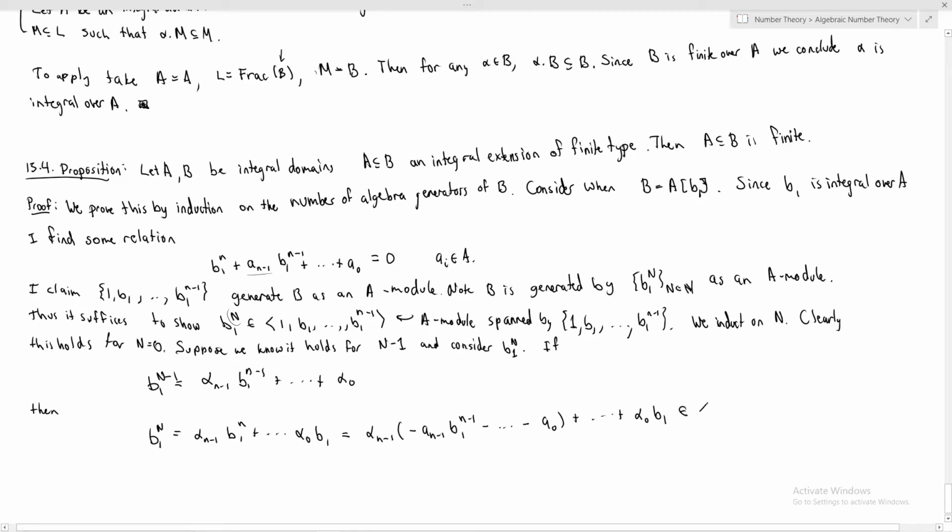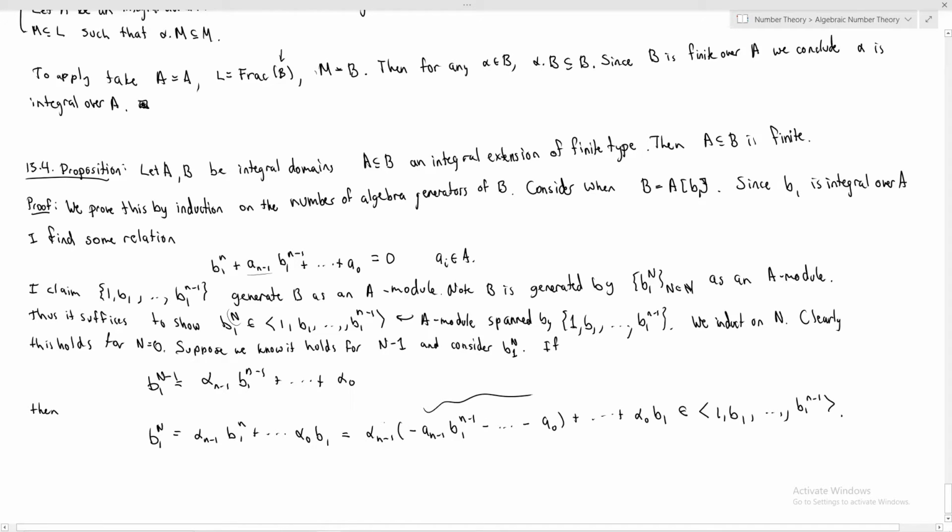And it turns out that this, just by looking at what terms we have going on here, is in this A module. So for example, everything here is an A linear combination of B1 to the n minus 1 or less.